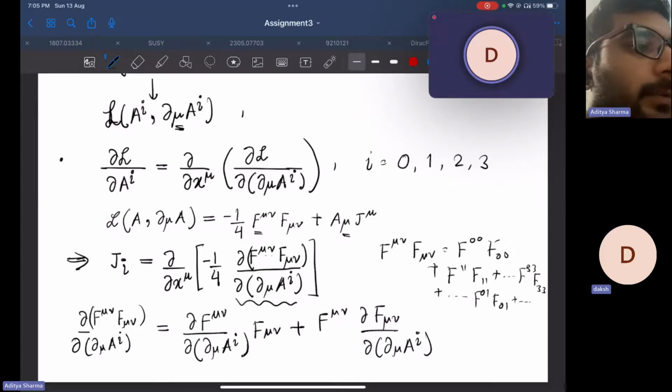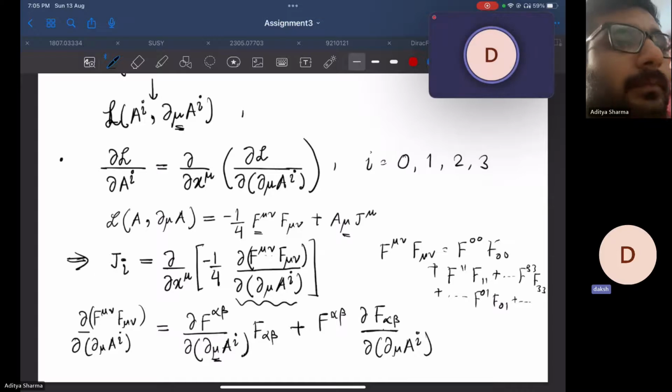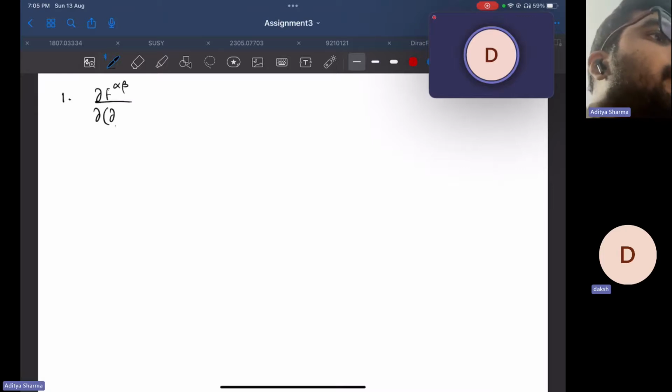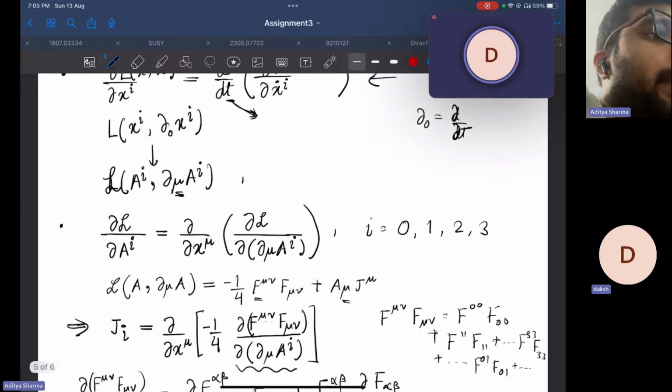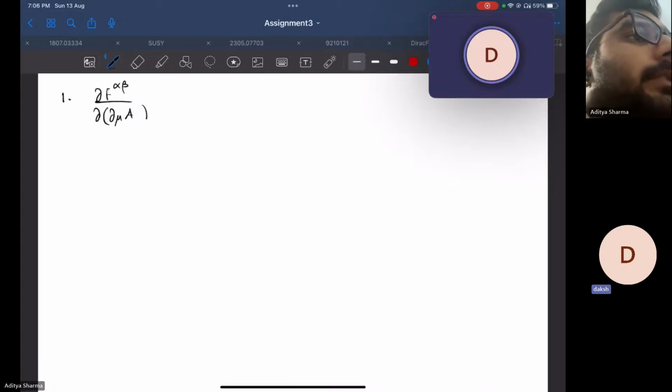So this is being summed over, and I'm using the same mu here. So I'll change the index of this one and write this as alpha beta, and I'll put this i down. Let this i be later, we'll see what happens.